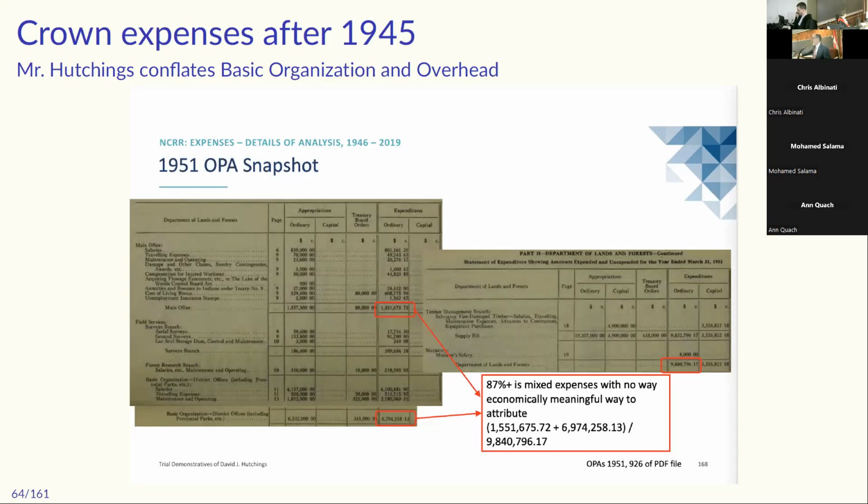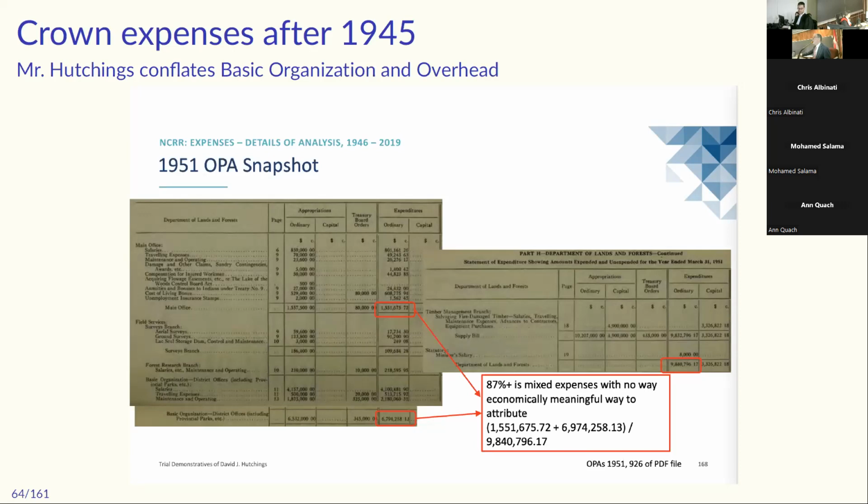That's the summary table. There are additional sub-aggregates of the spending of basic organization offered on the subsequent pages, typically in the years around 1951. I haven't reviewed that particular one. The norm would be there would be another 5 to 10 pages of detail on what the basic organization spending was.